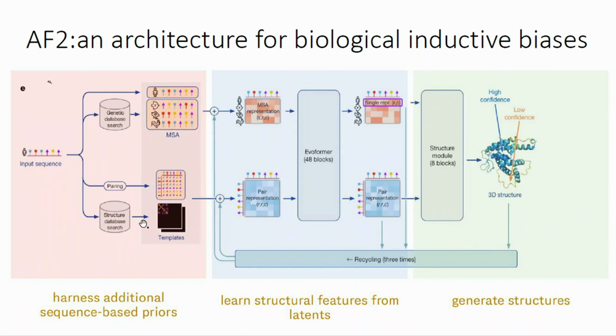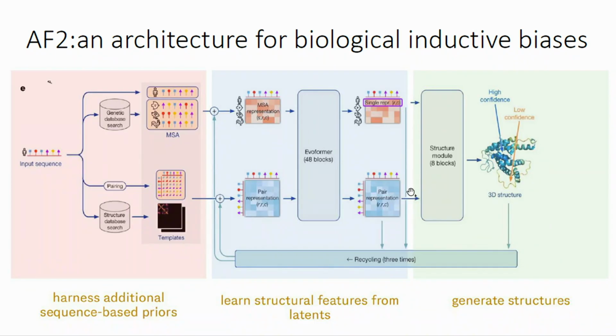But the key takeaway here is we want to model the covariance information between pairs of residues, and therefore the notion of pair representations is very important. It is mostly like the contact map. It is invariant to translations and rotations, and this is the core representation that this whole deep learning model is learning.